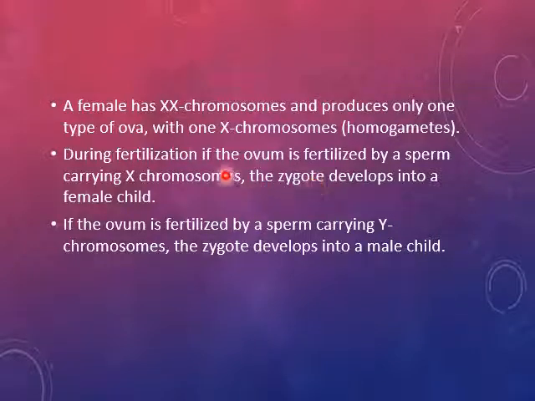During fertilization, if the ovum with the X chromosome is fertilized by the sperm carrying the X chromosome, so both are XX, the zygote develops into a female child. Whereas if the ovum is fertilized by the sperm carrying the Y chromosome, X and Y, the zygote develops into a male child.